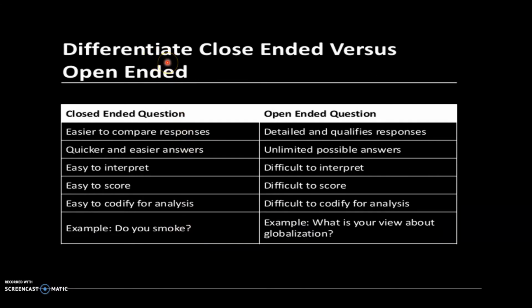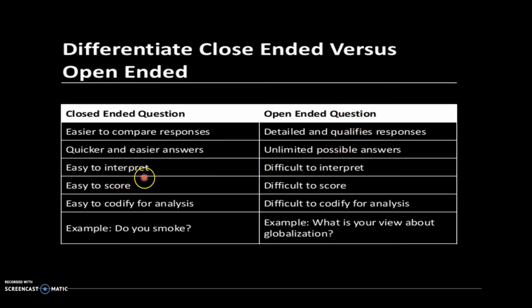What is the difference between close-ended and open-ended questions? First one, close-ended questions: easier to compare responses. Then what about open-ended questions? Detailed and qualified responses. Then quicker and easier answers, versus unlimited possible answers in open-ended questions.